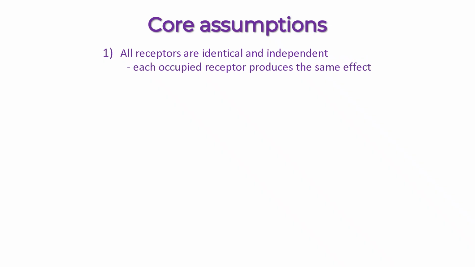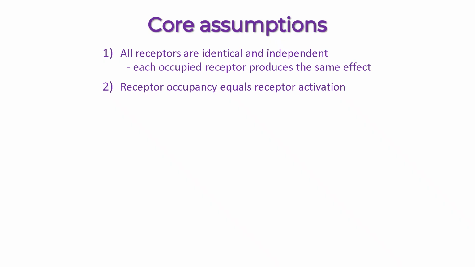So far, everything I have described rests on a small set of assumptions. First, we assume that all receptors are identical and independent, and that each occupied receptor contributes equally to the response. Second, we assume a simple one-to-one relationship between binding and effect.